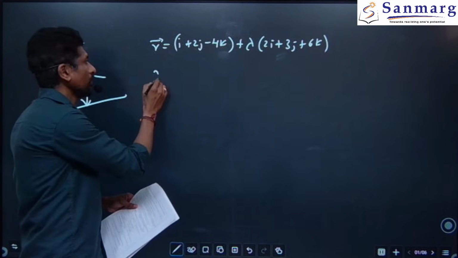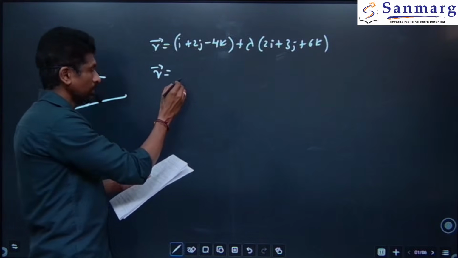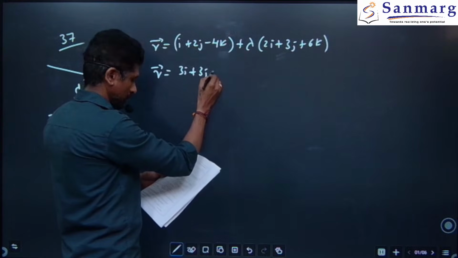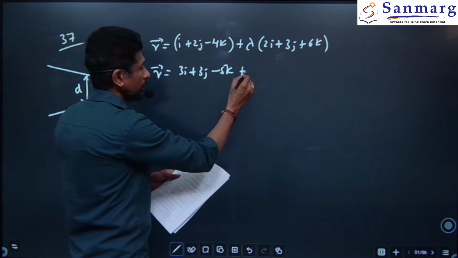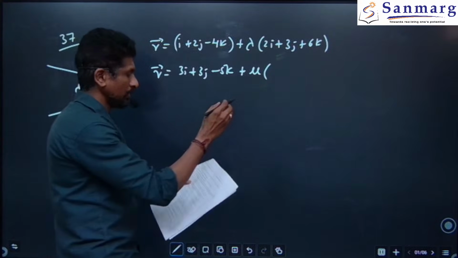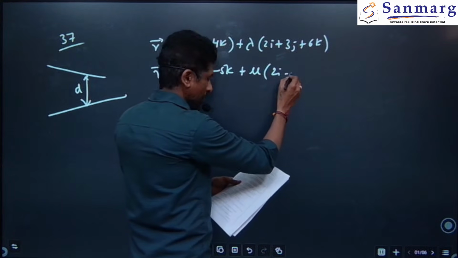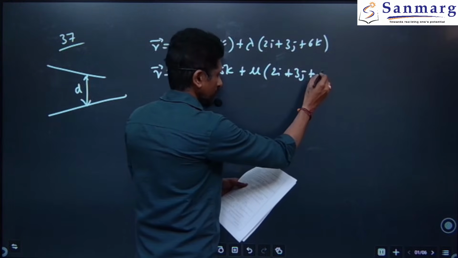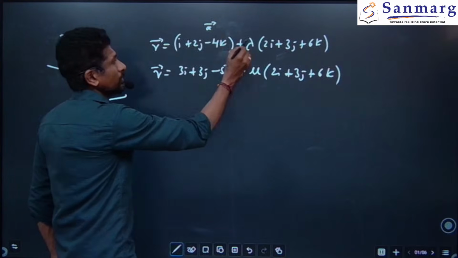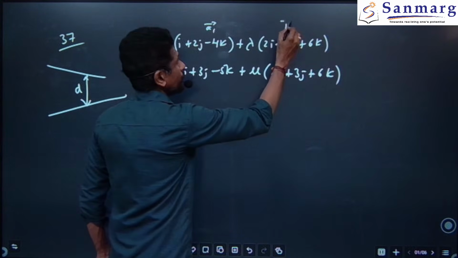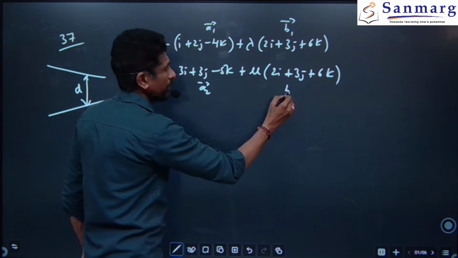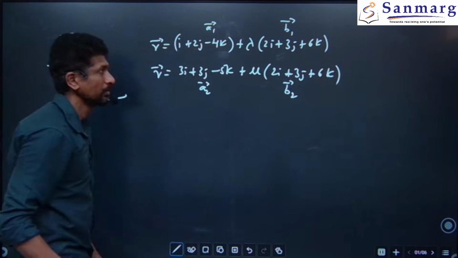The second equation of line is 3i plus 3j minus 5k, and the second b2 vector is 2i plus 3j and 6k. This is the a1 vector, this is the b1 vector. Similarly, this is the second point on the line, the a2 vector, and this one is the b2 vector.